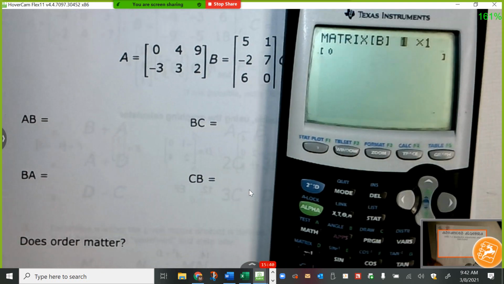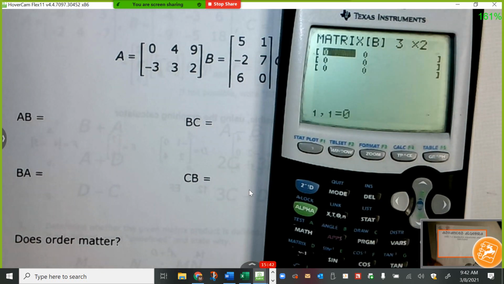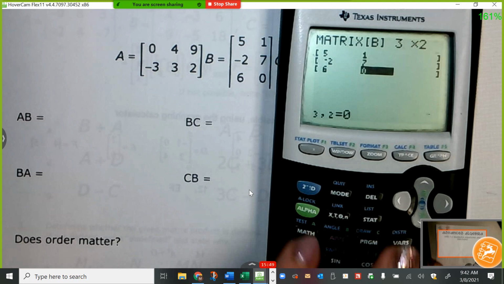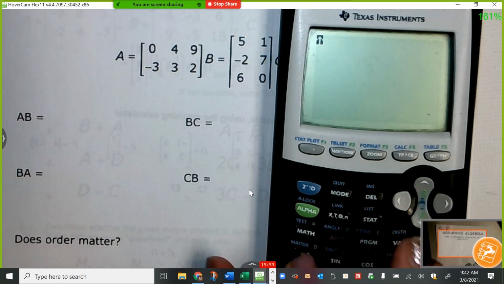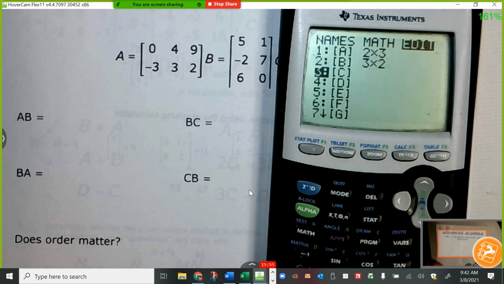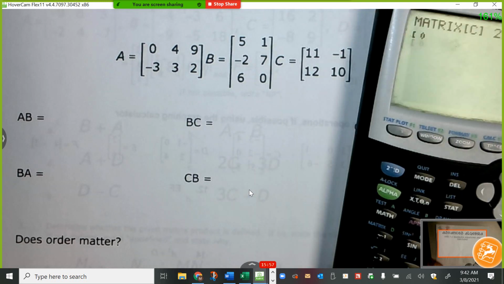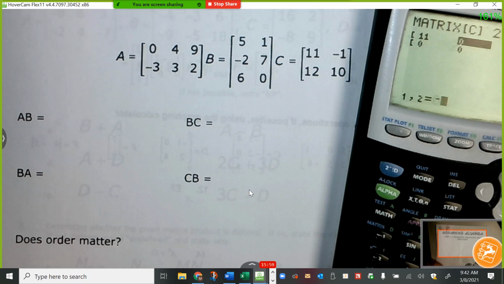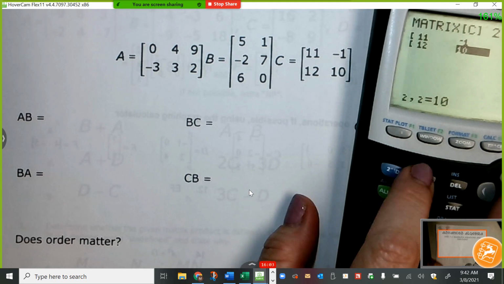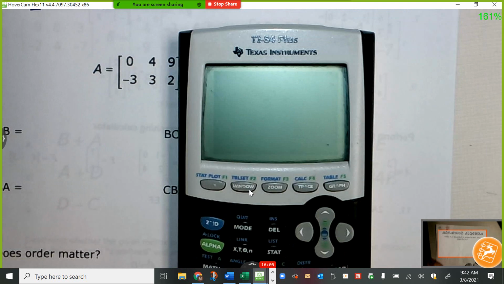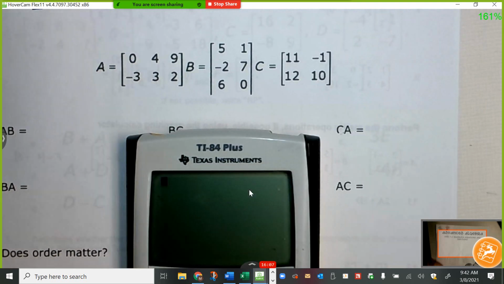B is a 3 by 2. I'll give y'all a second to type those in.